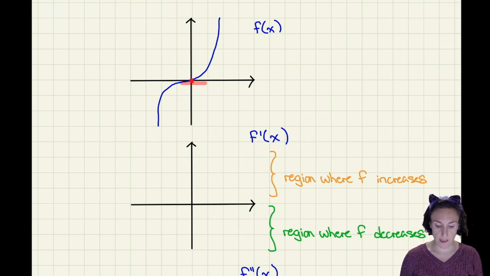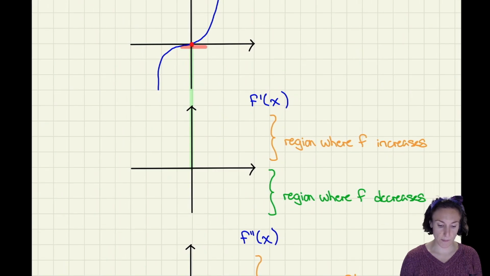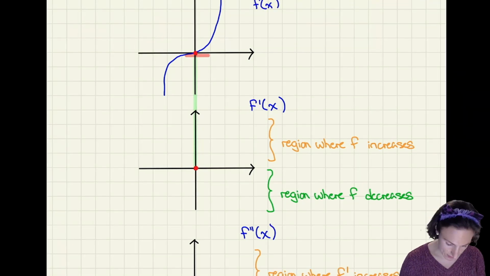Now, what I do is I like to put my graphs right underneath each other, because wherever there's a horizontal tangent line, that corresponds to an x-intercept. In this particular case, it's happening at x is equal to 0. So I know that my f prime function, when I draw it, it's going to have to go through this point. Now, we know what a parabola looks like, right? In this case, we know, okay, it's just going to look something like this.